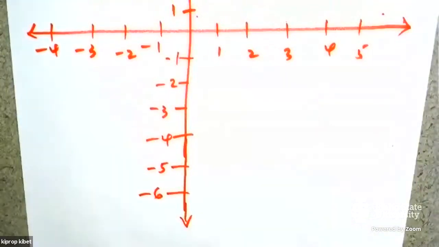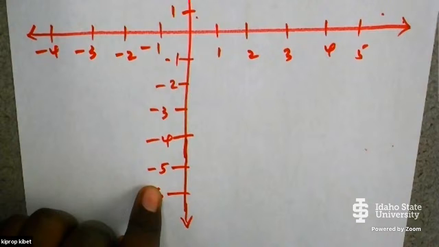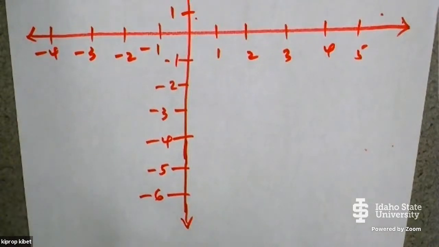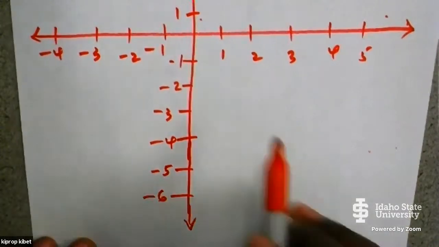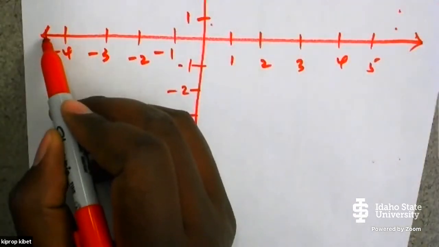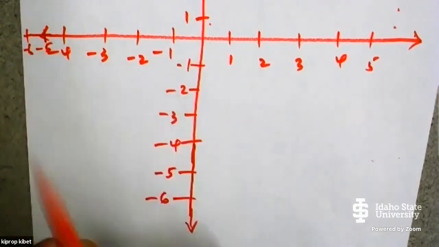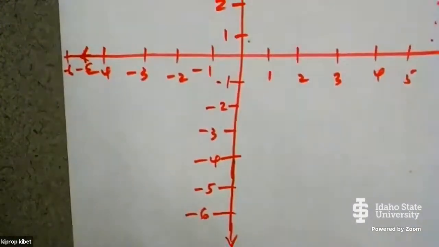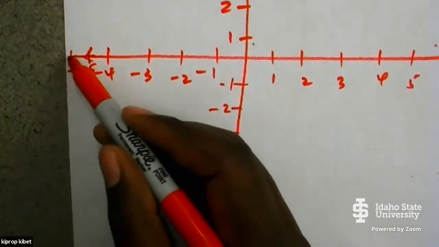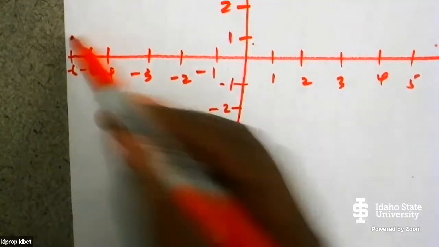Like that. Okay. So we have the point (-6, 1). So -6 is maybe somewhere -5, -6. Okay. So -6 and then what? 1, which is here.